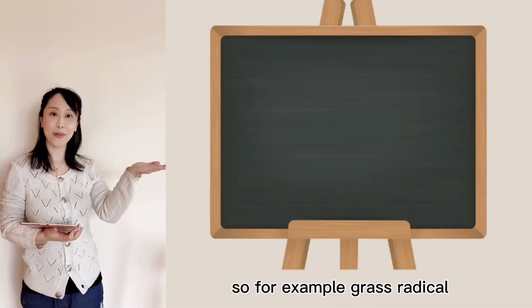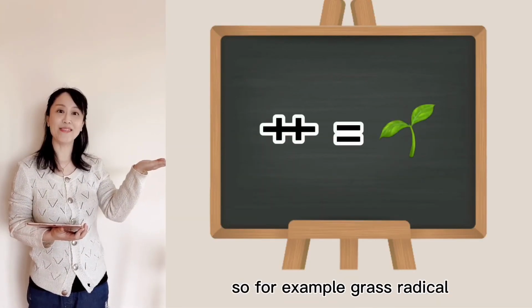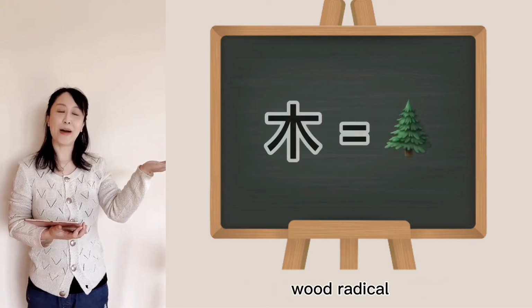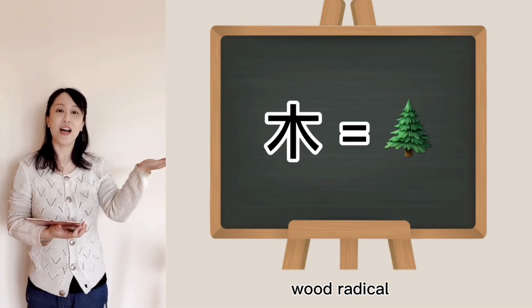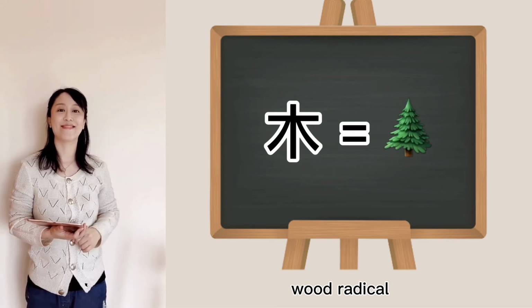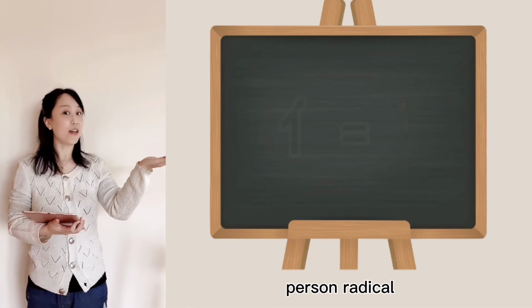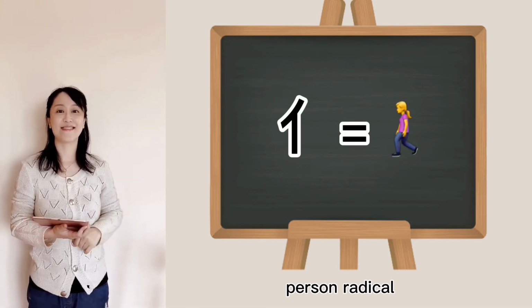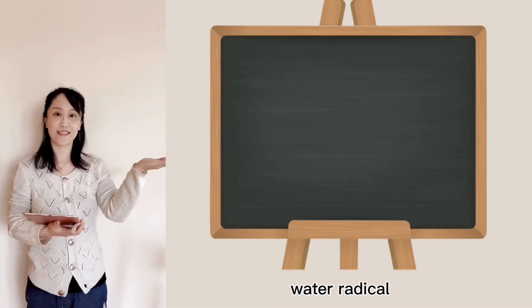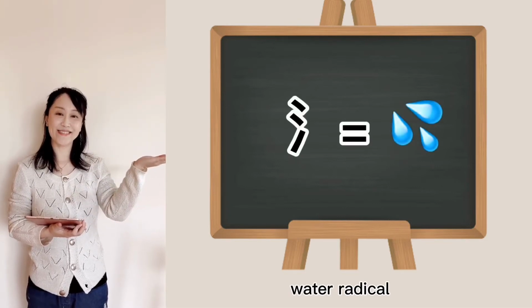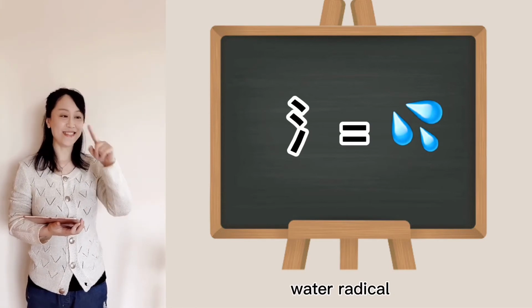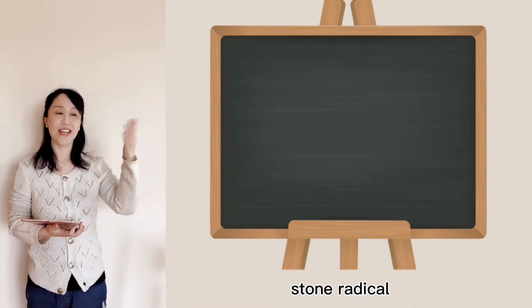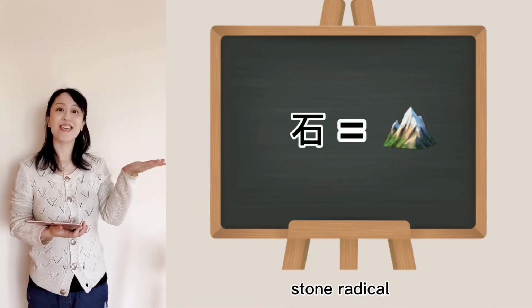So, for example, grass radical, wood radical, person radical, water radical, the three-dot water, and stone radical.